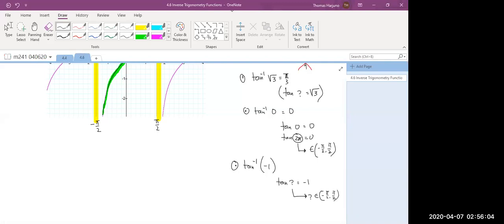Negative pi over 4. Negative pi over 4, that's right. In fact, for tangent inverse, we have the same property as sine inverse. Tangent inverse of negative x equals negative of tangent inverse of x.